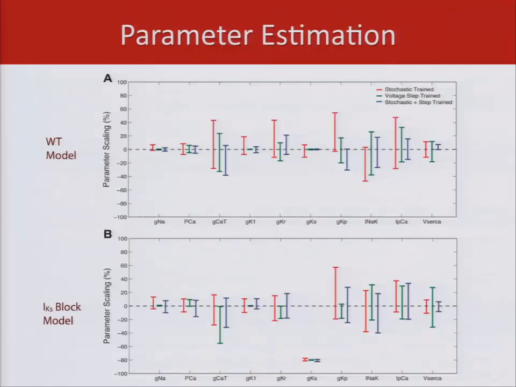And indeed, this is what we saw when we revisited the parameter estimation problem. The parameter associated with sodium here, we've been able to estimate the underlying parameter also for IK1 and IKs, with varying degrees of success for the other parameters. Also, excitingly, we're able to show a drug block case, namely estimate a very different state of the model when an actual subset of the channels is blocked.